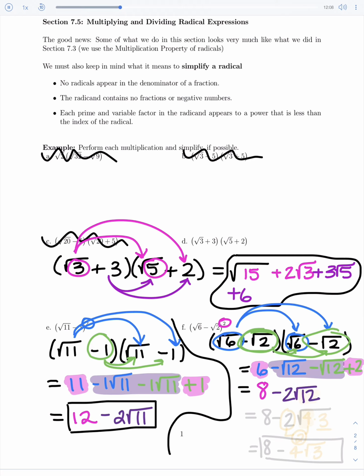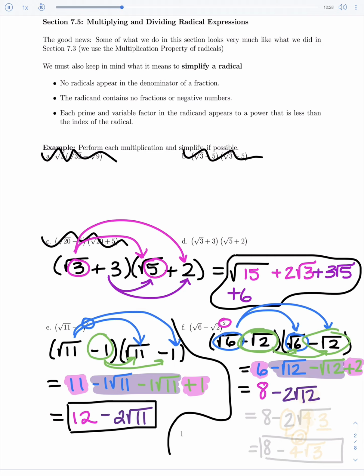Now, just like the last one, the 8 and the 2 cannot be subtracted because the 2 is attached to a square root of 12, meaning that the 8 doesn't have a square root of 12. Those are not like terms.